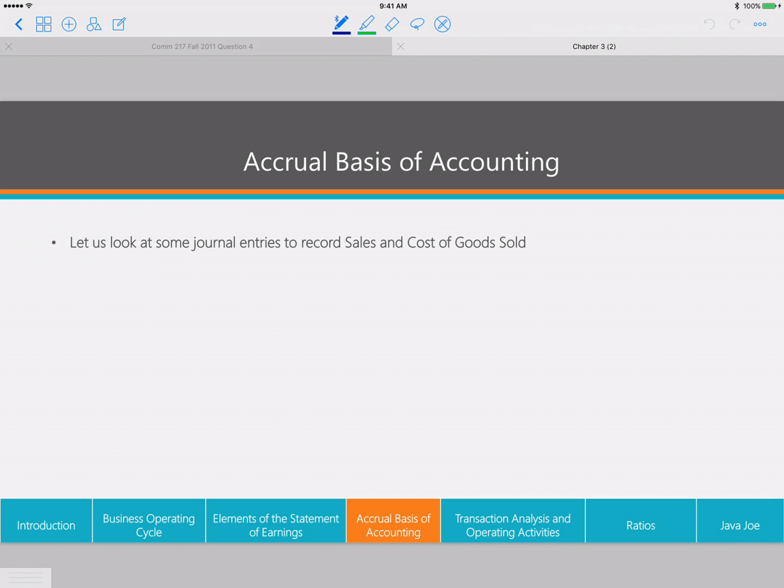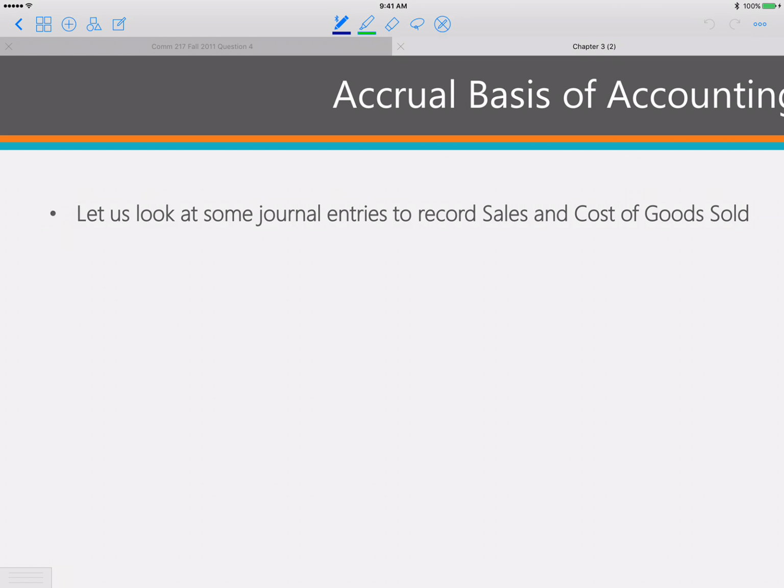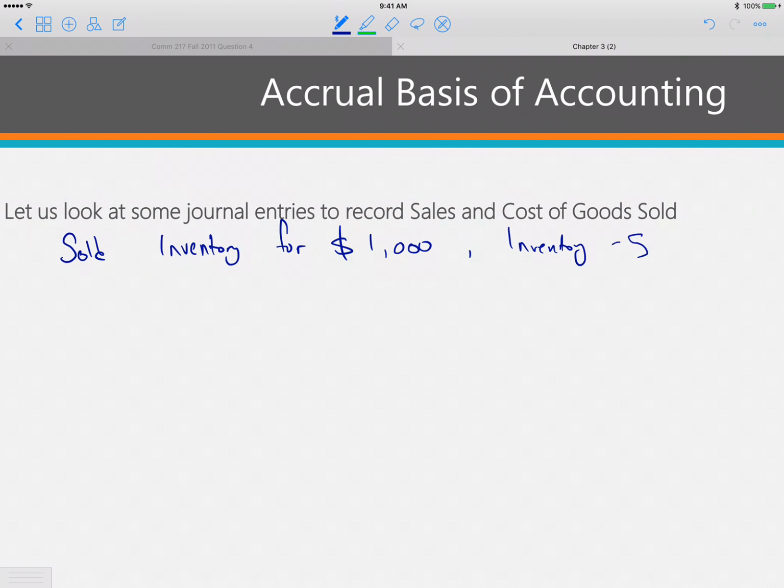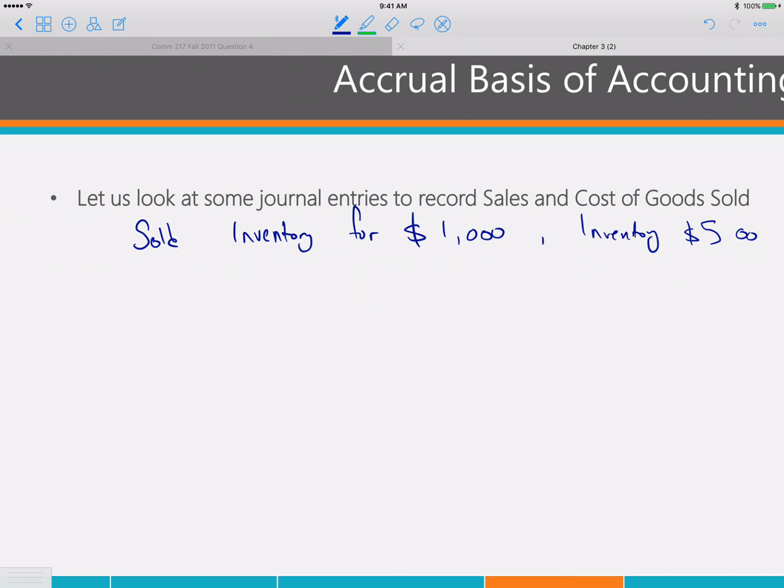So let's look at a journal entry to record sales and cost of goods sold together, and we're going to show you how we match it up. So let's say, for example, we sold inventory for cash, and we'll say it was for $1,000, and the inventory, we paid $500 for it.